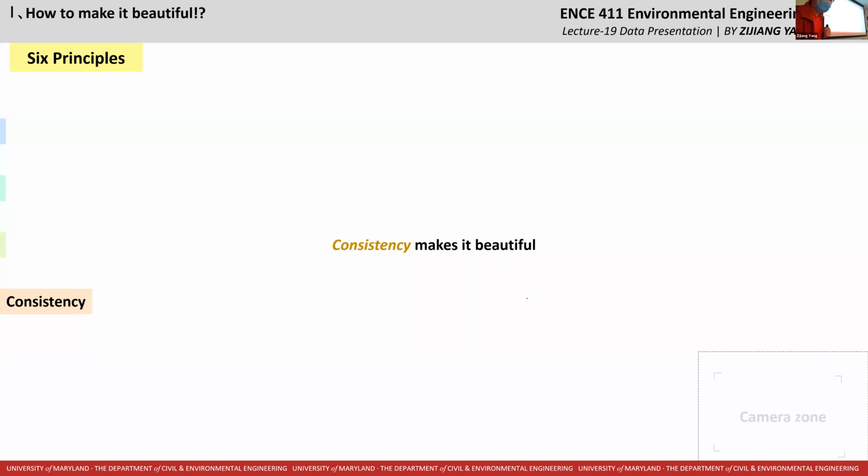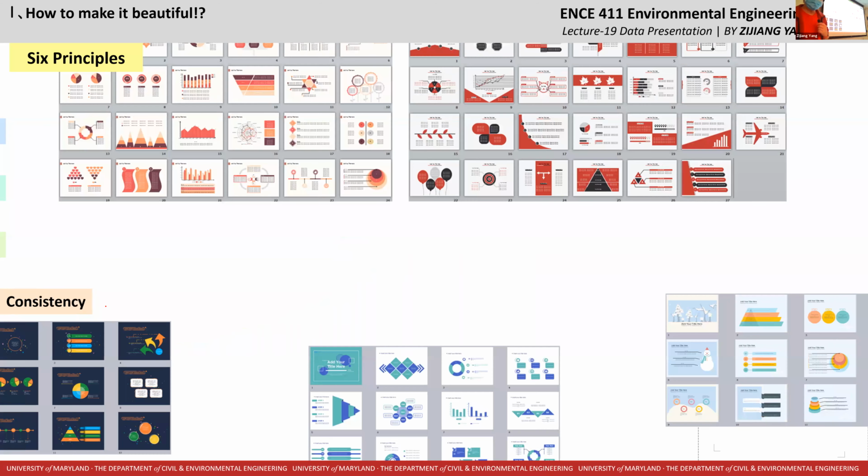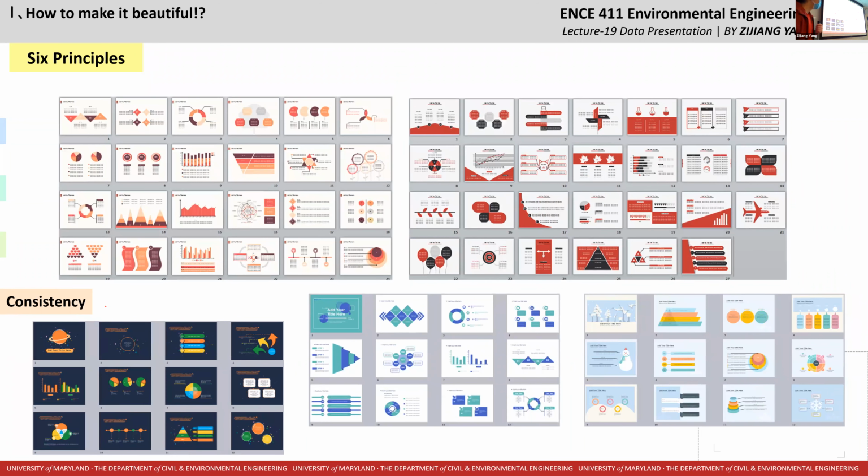Okay, anyway, the next one is consistency makes it beautiful. One example is that the color of the text is consistent with the color of this label. Another example is that when we are making PowerPoint slides, sometimes we look for templates.